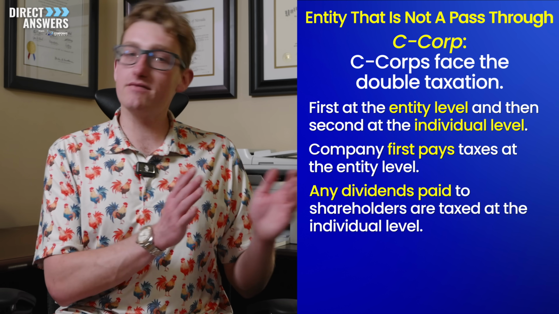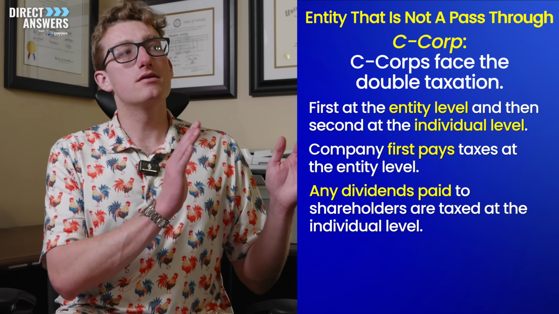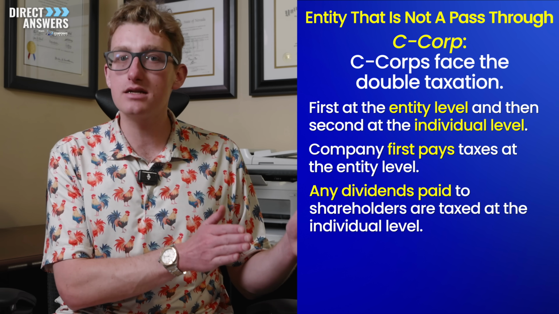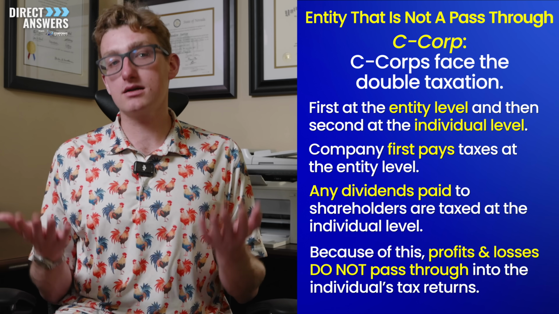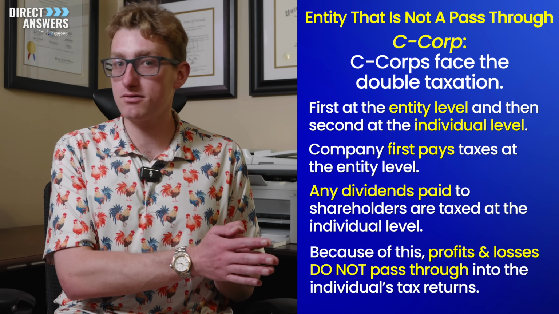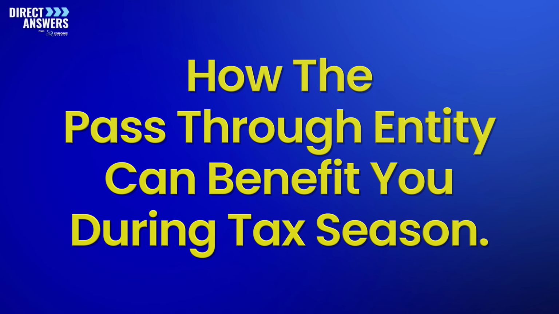And then if any dividends are paid out to the company's shareholders, then those dividends are taxed a second time at the individual level. And because of this, the business's profits and losses do not flow through onto the business owner's tax returns.